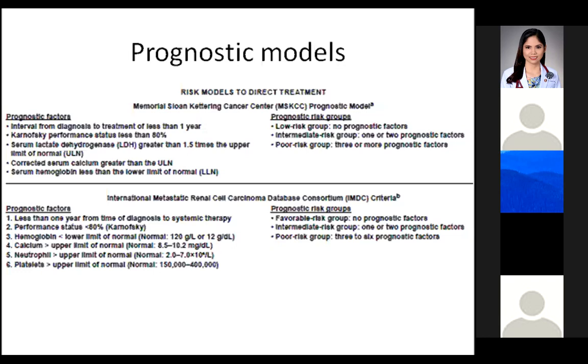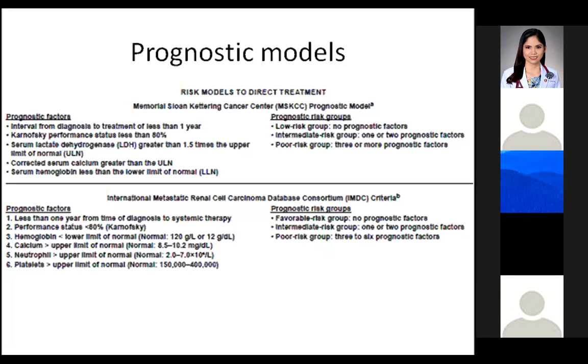So prognostic factors nila include 5 variables: interval from diagnosis to treatment of less than 1 year, Karnofsky performance status less than 80%, LDH greater than 1.5 times the upper limit of normal, corrected serum calcium greater than the upper limit of normal, and serum hemoglobin less than the lower limit of normal.